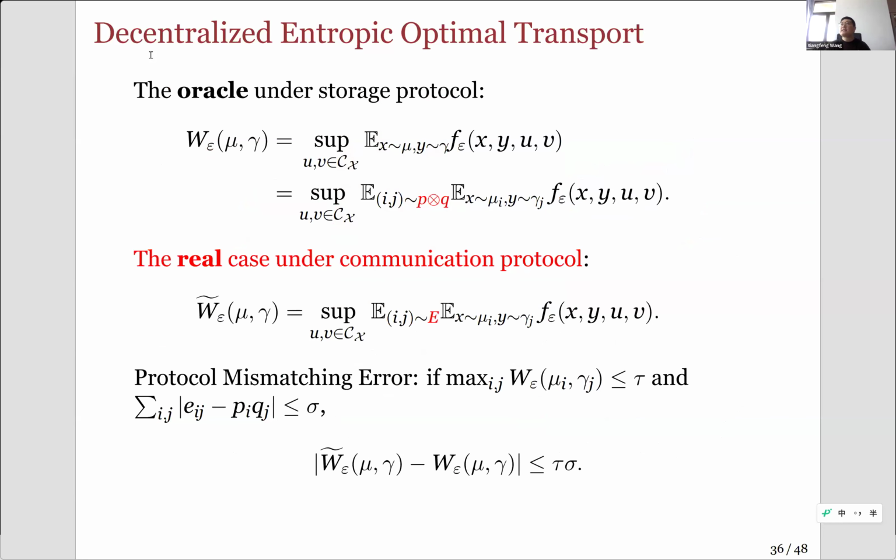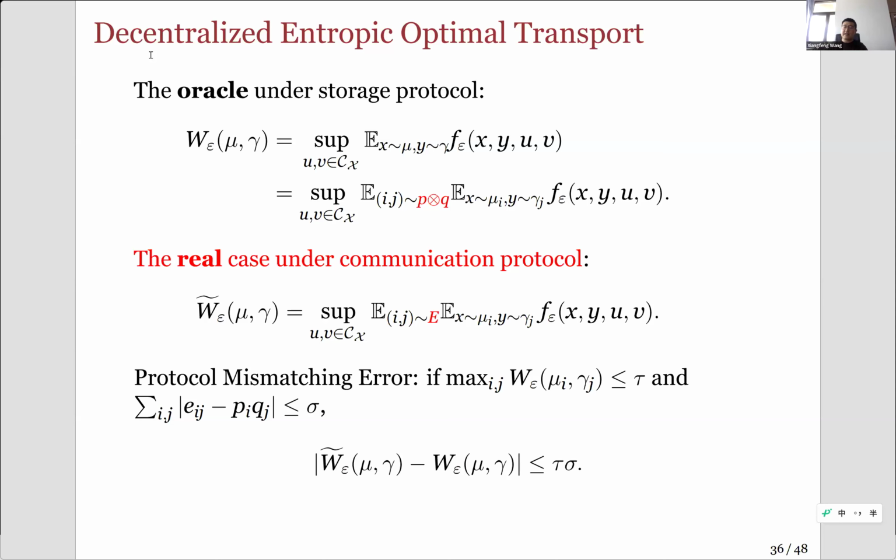In reality, communication might be constrained by a network topology or protocol represented by probabilities that agent I can communicate with agent J. The actual objective optimized might use E instead of the ideal P times Q, leading to the W epsilon. There is a potential protocol mismatch error, which is bounded if the communication protocol E isn't too far from the ideal case.